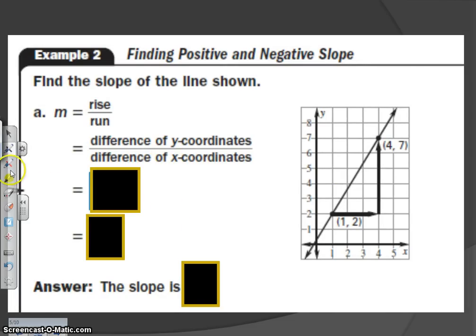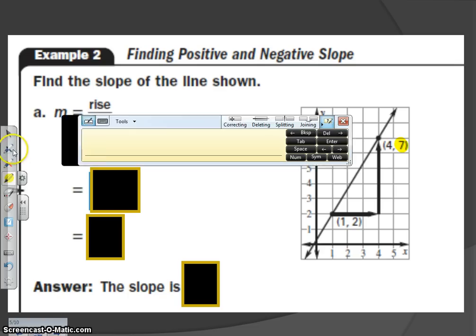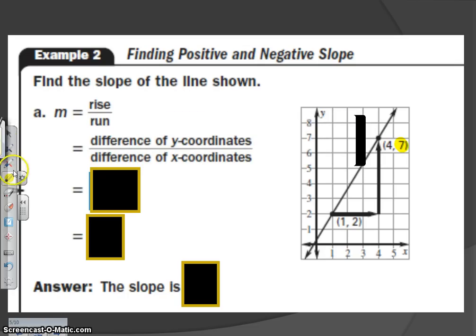Let's find this one. Again, let's take the y coordinate of one of the points, and it does not matter which y you choose. So I'm going to choose the 7. And I will actually put mine over here just in case this is different. Subtract the other y in the second point, which is 2.